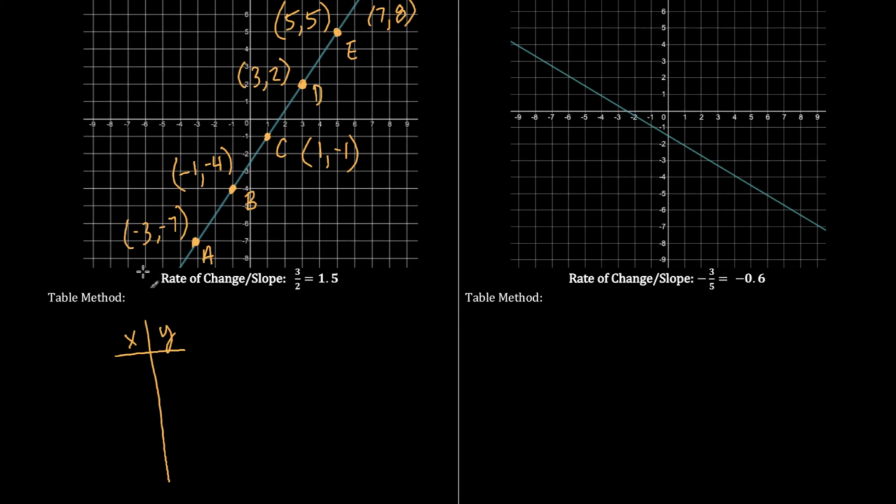Now you can technically put them in any order, but it's going to be really confusing if you do that for now. So let's just go from left to right. So -3, -7. -1, -4. 1, -1. And 3, 2. Okay, let's just do one more, and 5, 5.